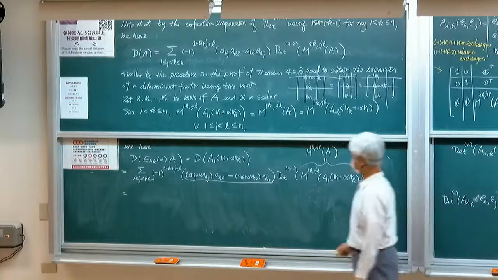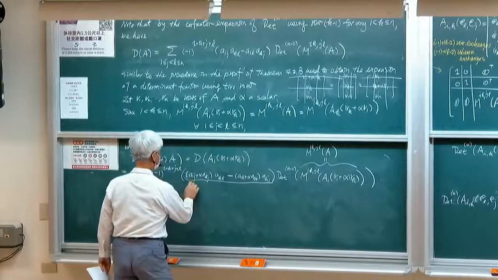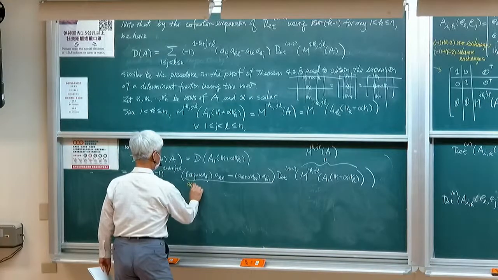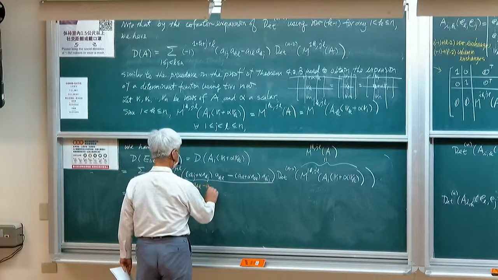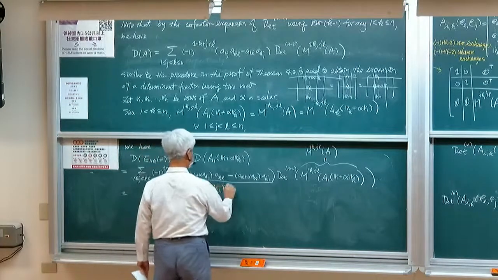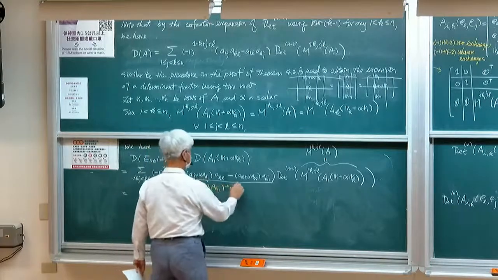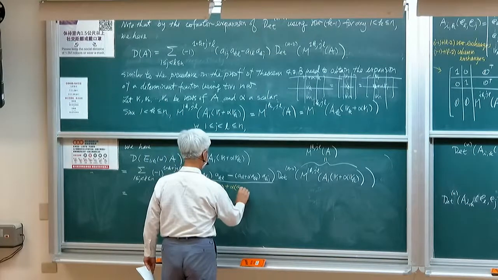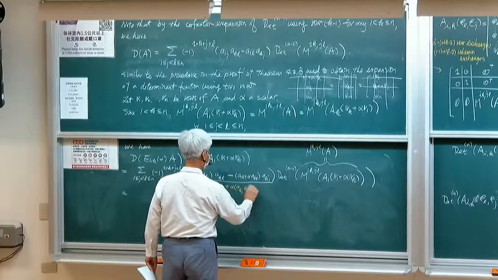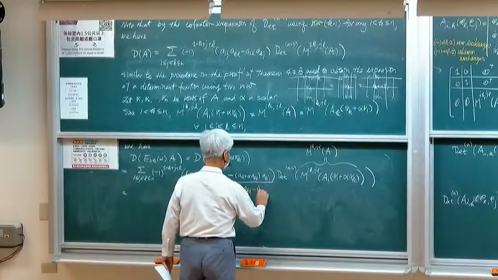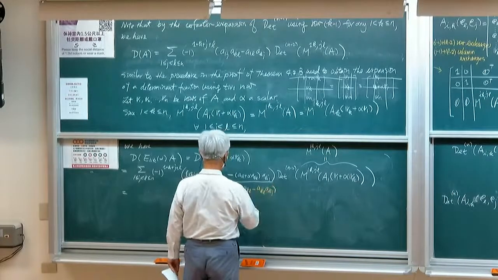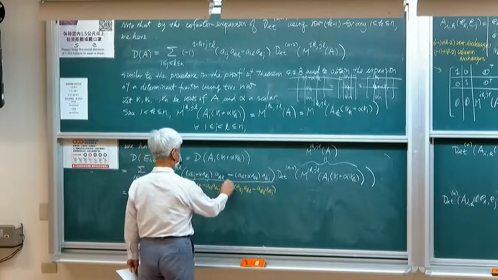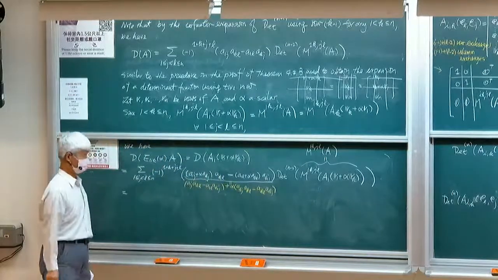When we do the computation, we have A1J AKL minus A1L AKJ plus alpha times (AKJ AKL minus AKL AKJ). Okay? So this is equal to this one.